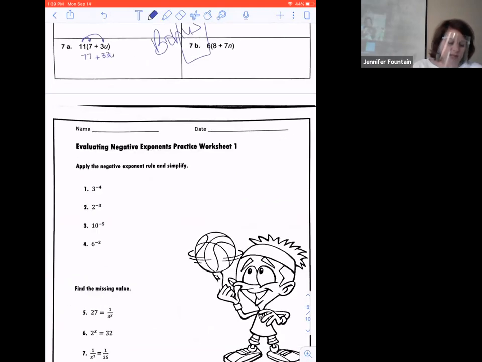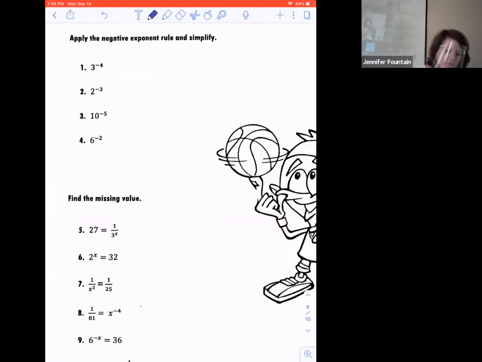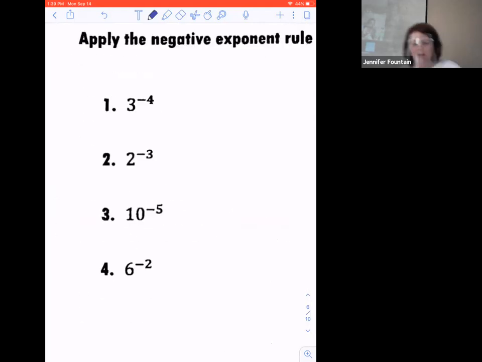All right. Now, dealing with negative exponents. Back in lesson, let's see which lesson this was.